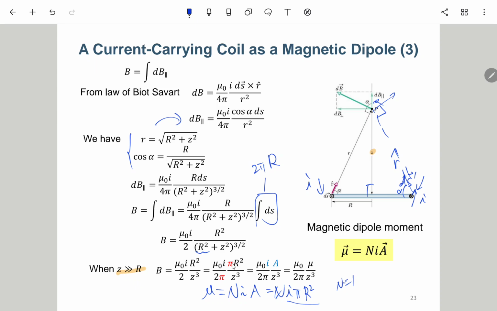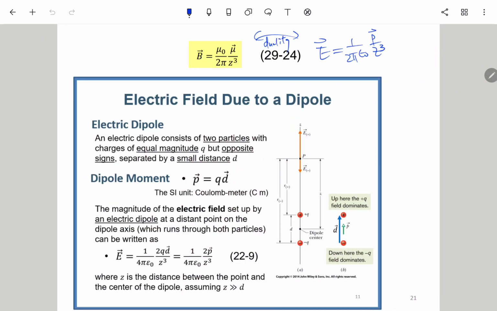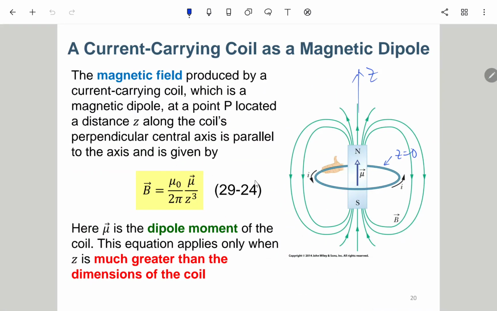So here we multiply by pi here and here, so that we change nothing. But here we can construct this I pi R squared out, becoming the mu. So here we have mu naught mu over 2 pi z cubed, which is actually this equation.